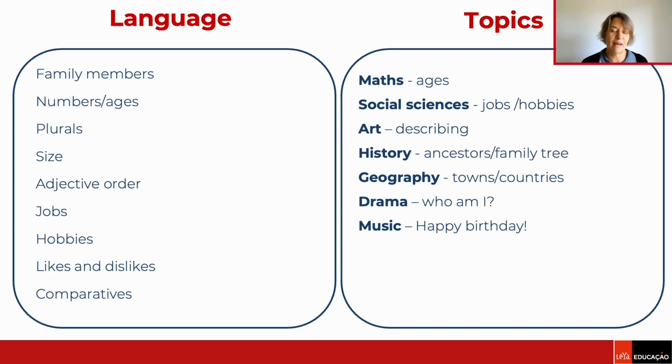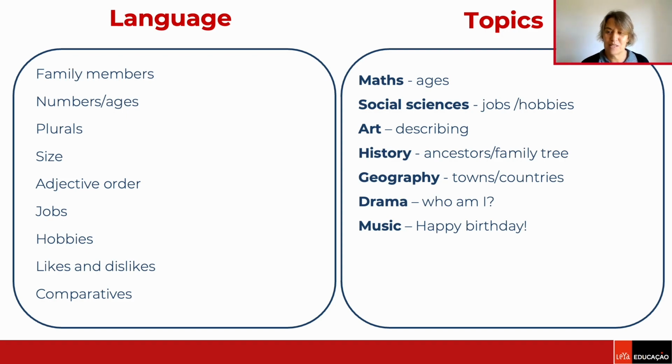Numbers and ages. I have two or three brothers and three sisters. How old are they? Plurals. Again, size, tall, short, adjective order. Jobs, talking about parents and grandparents, hobbies, what they like and what they dislike, comparatives like taller, shorter, older, etcetera.